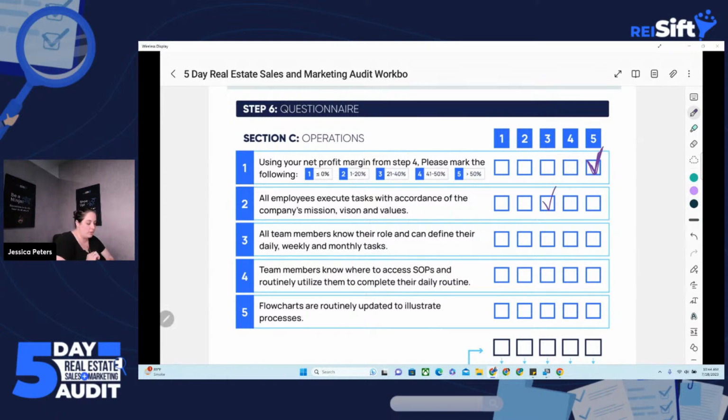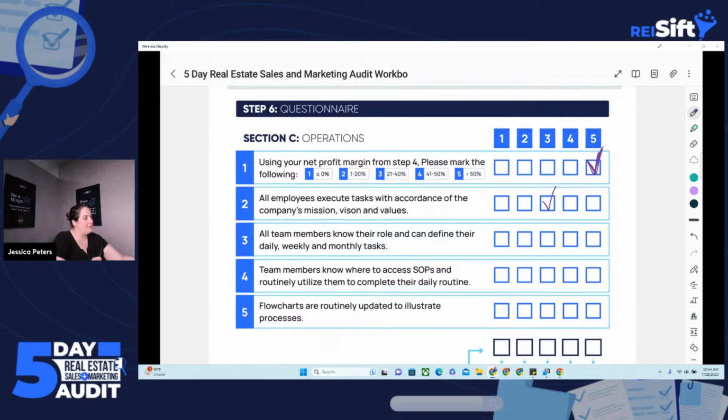Team members know their role and can define their daily, weekly, monthly tasks. You can actually make something called playbooks. A playbook is where, like, I developed a playbook for my role because I was the first customer education specialist when I got hired. Now I'm the first customer success team lead.